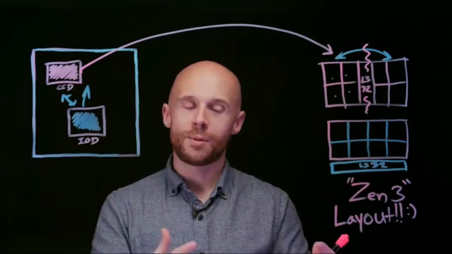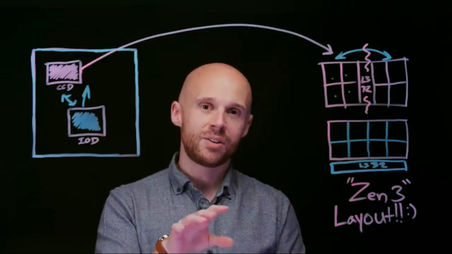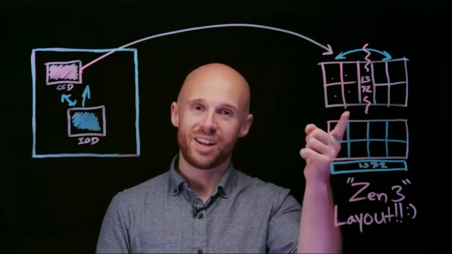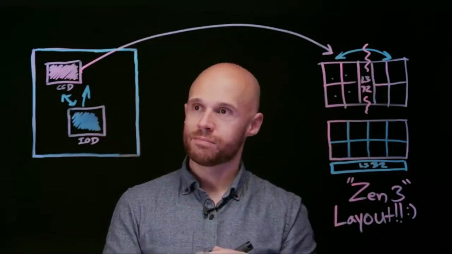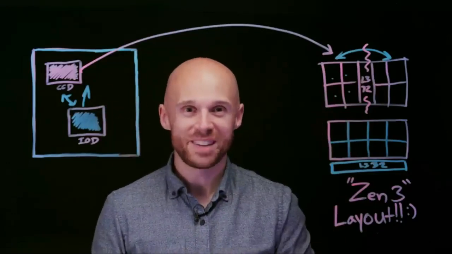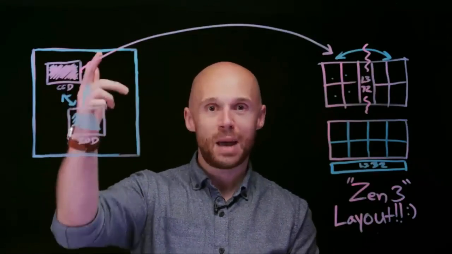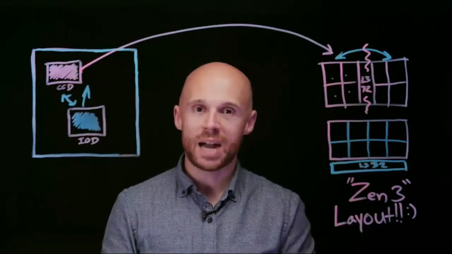This is a major design change coming into Zen 3, bringing 8 cores and 32 megs of cache together in one large block. So one more thing, I want to connect it back to the CPU you may eventually buy, the Zen 3 based CPU. So what if we put this die in this design? Well, it would actually look exactly the same. It's the same layout on the chip, but instead of having to come down and back up for one half of the die to talk to the other, now it's just a direct connection back and forth.